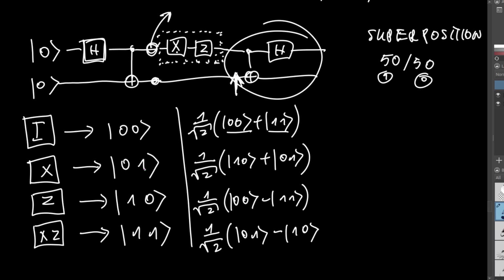So by sending that 1 qubit from another galaxy to Earth, you can actually send two classical bits, and that is called superdense coding.